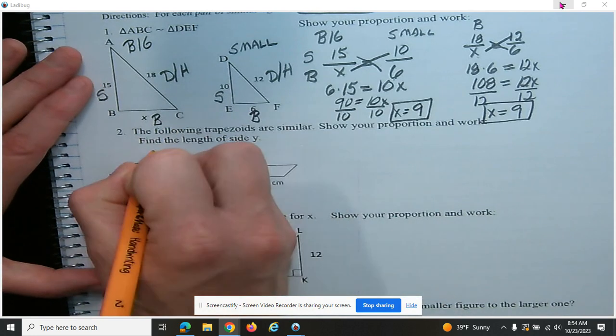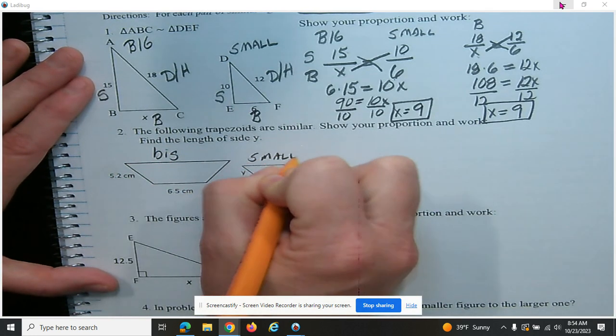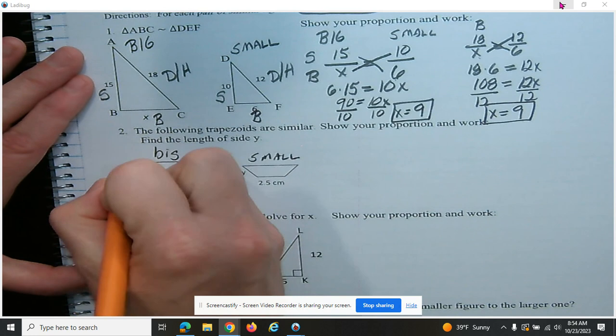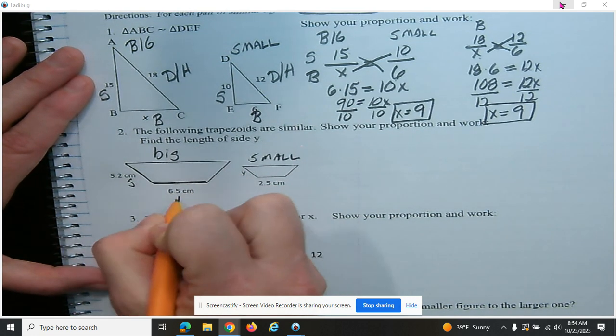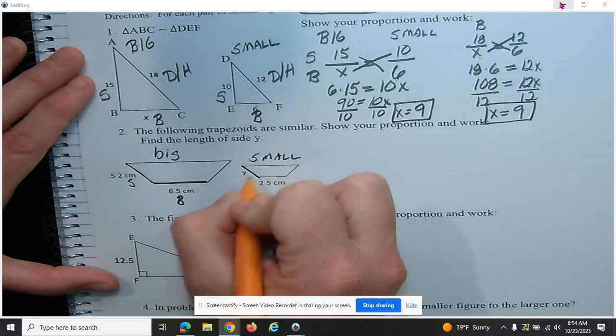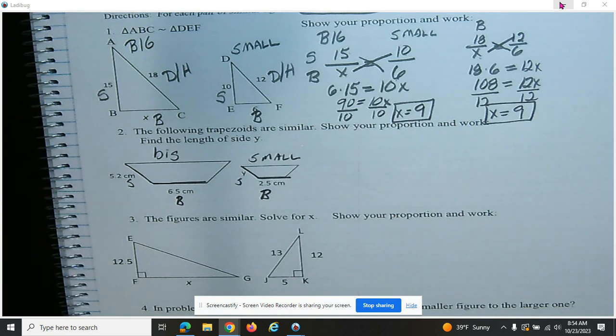Okay? I'm going to label this big. I'm going to label this small. This is my side. This is my base. This is my side. This is my base. I personally like keeping the big together.